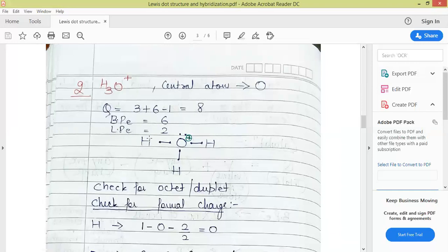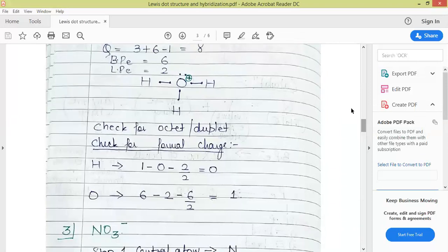Now we'll check whether octet or duplet are complete. We'll start with the corner atoms. 1, 2 for this hydrogen complete, 1, 2 for this hydrogen complete, 1 and 2 for this hydrogen complete. Oxygen 1, 2, 3, 4, 5, 6, 7 and 8. All the octets and duplets present in the molecule are complete. Next is the turn for the formal charge. Let's calculate the formal charge on the hydrogen.